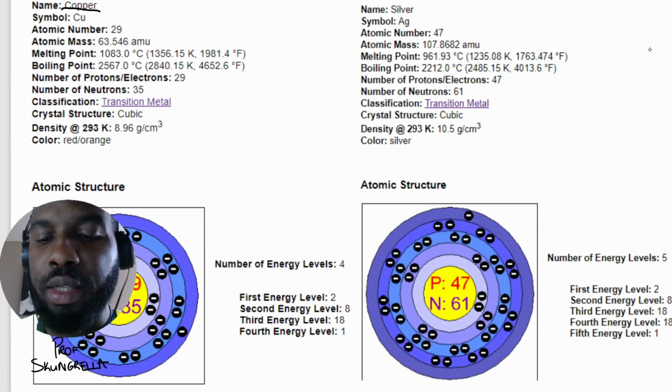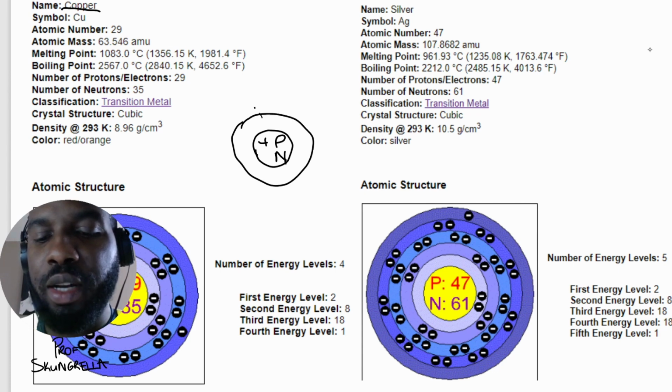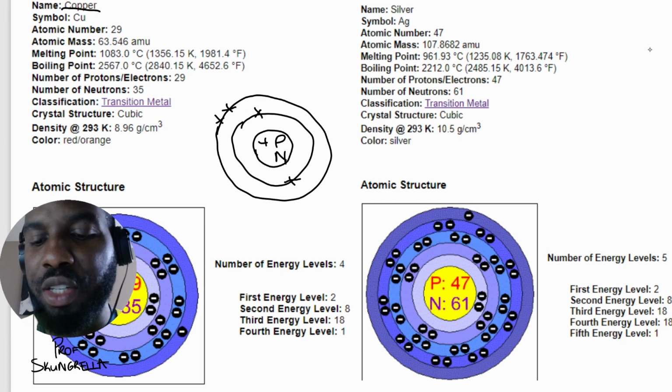Now, we know that with the model for the atom, we have the nucleus in the center, which has protons with a positive charge, and it has neutrons with no charge, right? Around this nucleus, we have electrons, right? And the electrons are positioned in different shells around the nucleus. Now again, these electrons have a negative charge, and so they're attracted to the positive here.